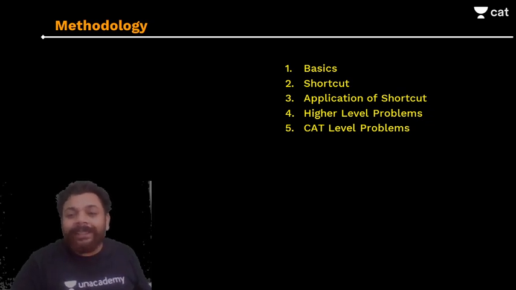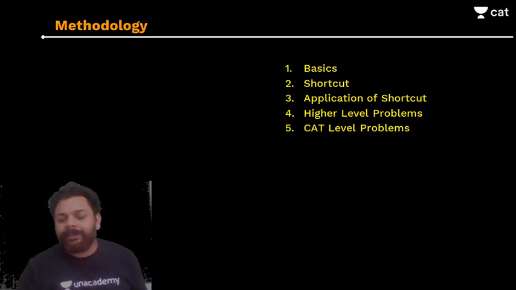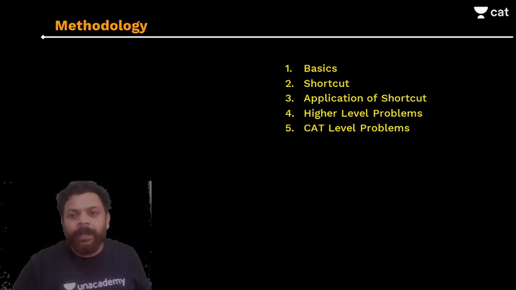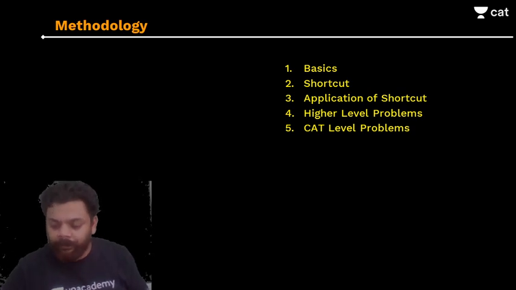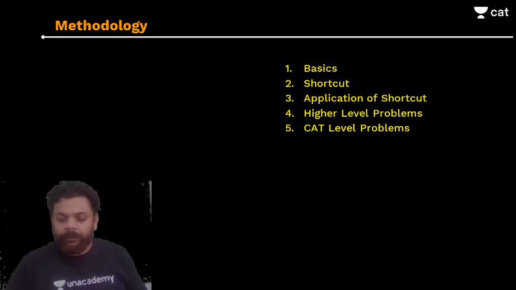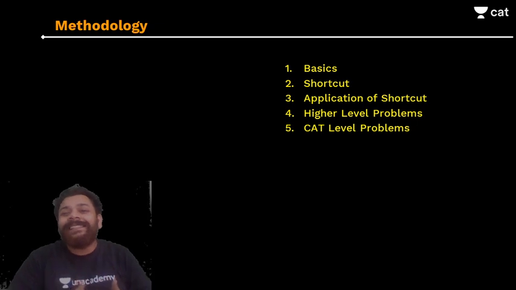Because knowing the shortcut is not difficult at all. You can know the shortcut, but the application part is where students are lacking. So that's the reason application of the shortcut is quite an essential aspect.